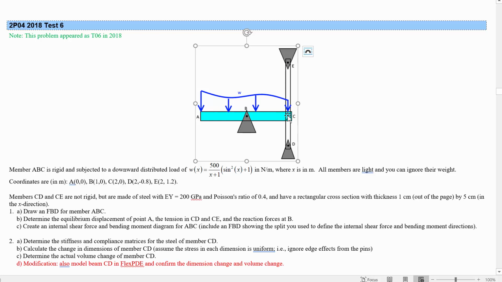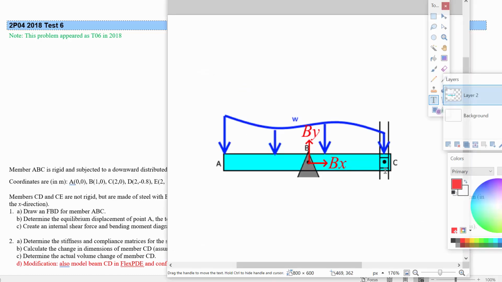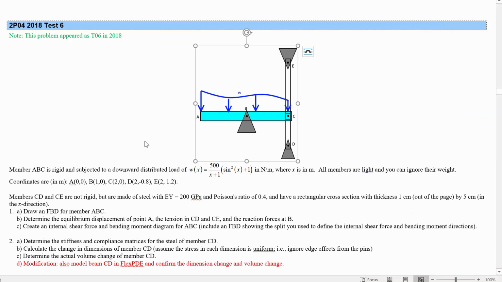And that means that it just has a force up in the direction towards E if it's in tension, or negative that if it ends up being in compression. But we know that it can't exert a horizontal force. Okay, so let's just go ahead and label this force up CE and this force down CD. Totally up to you if you call it CD or DC or something, just whatever you want to call this member.